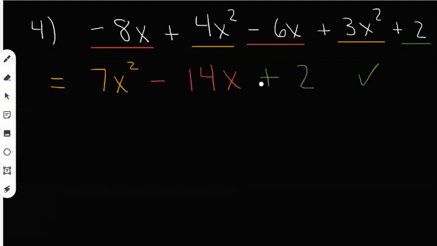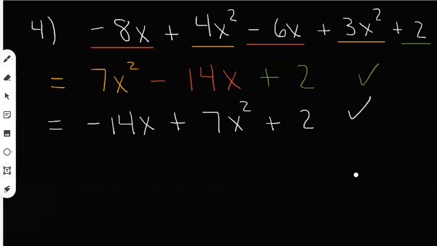So this is going to be your answer. And if you brought down the -14x first, you would get this. Same answer. It's just written in a different order. But if you wrote either one of those down, you'd be fine.